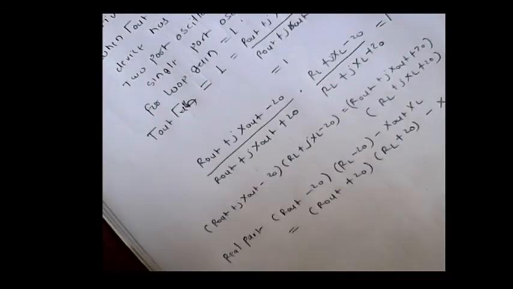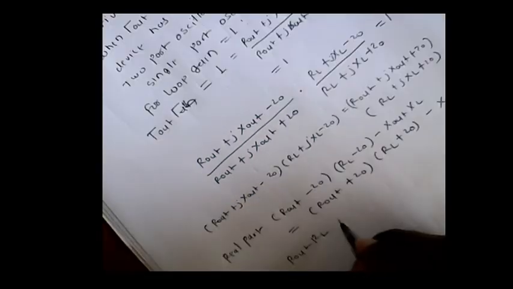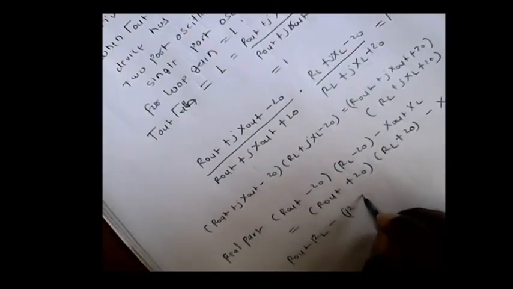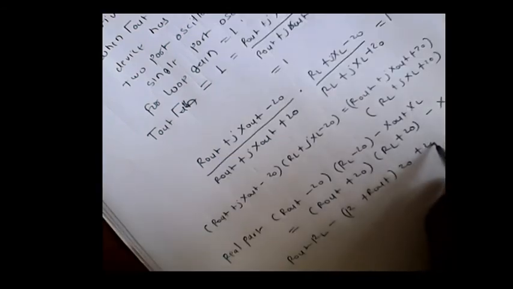We equate the real and imaginary parts here. So minus RL Z naught minus R out Z naught is equal to plus R out Z naught plus RL Z naught.